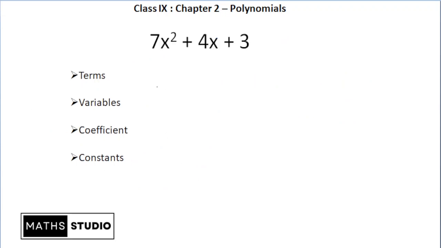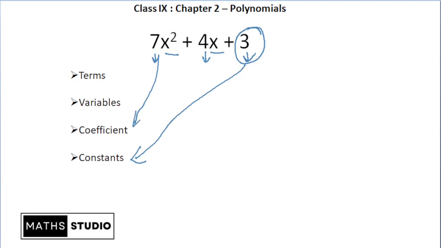Let us look at this particular example. Here 7 is a coefficient, 4 is a coefficient, 3 is a coefficient. X is a variable. Now in this case, 3 does not have any variable attached to it. So 3 is constant. 7 and 4 are coefficients.